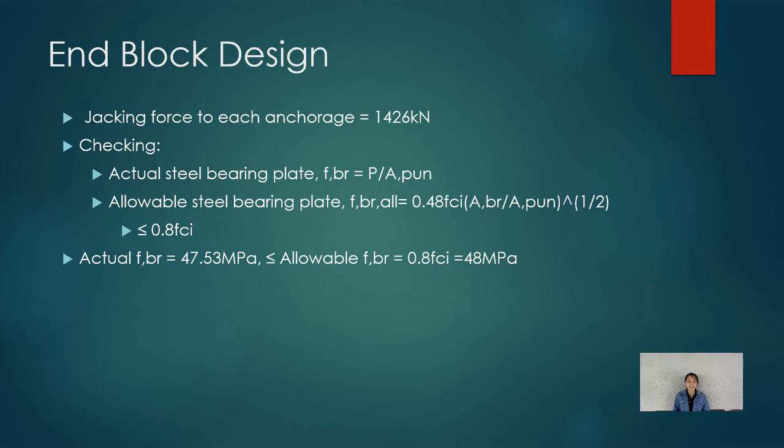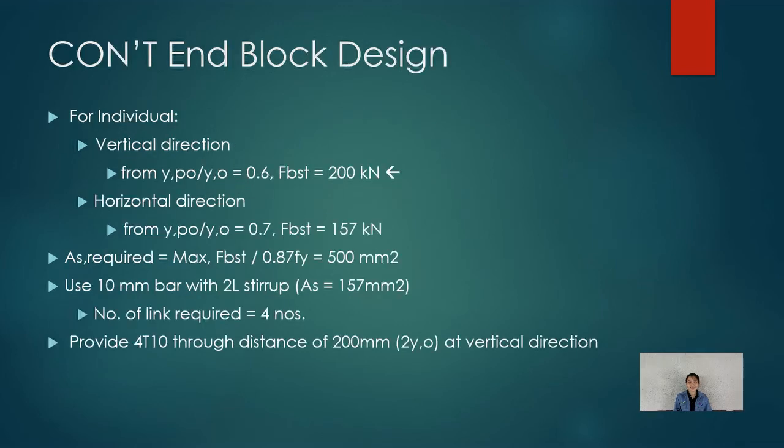Checking the bursting force to each anchorage is 1,426 kN, and the actual steel bearing plate was checked and complied with the allowable steel bearing plate. For the individual prism in vertical and horizontal direction, the maximum bursting force is 200 kN and the required steel area is 500 mm square. Therefore, 10 mm bars are provided through a distance of 200 mm in the vertical direction.